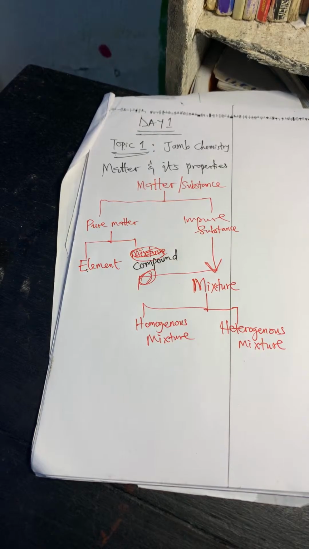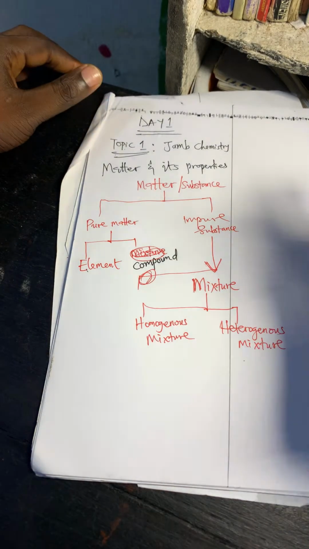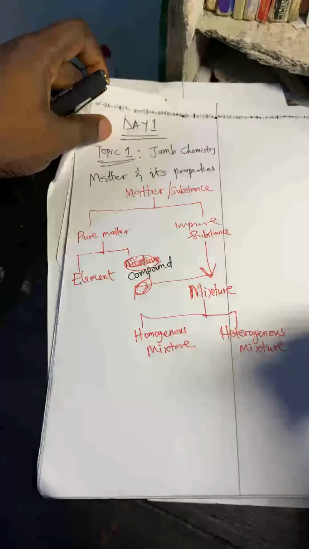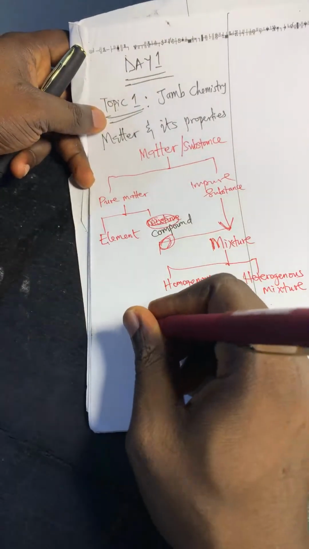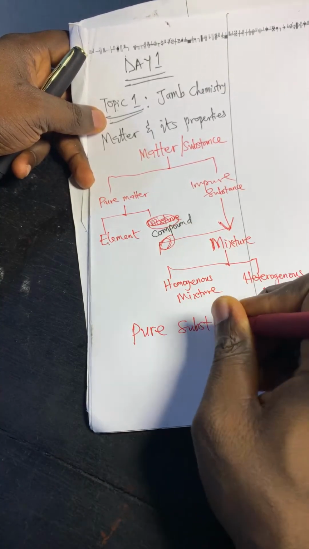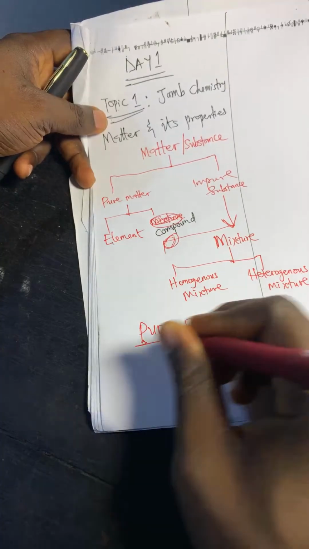So don't forget, pure substance shows the following properties which can be used as a test for purity. When we talk about pure substance, or pure matter, listen to me, everybody.